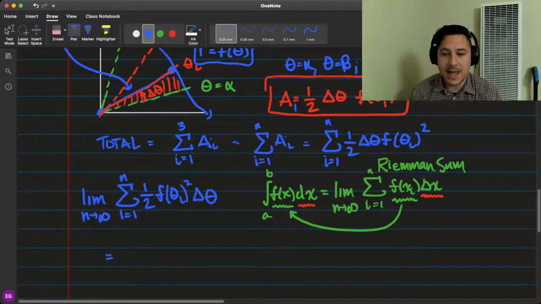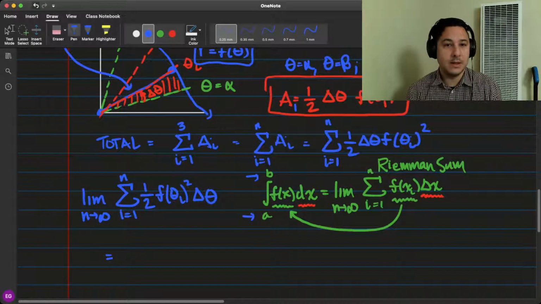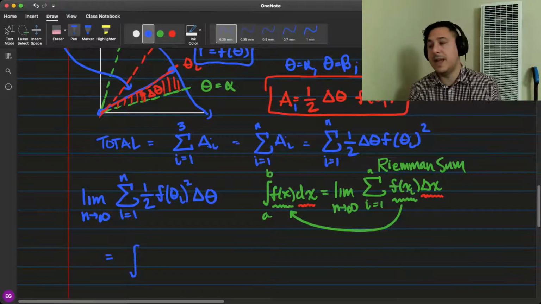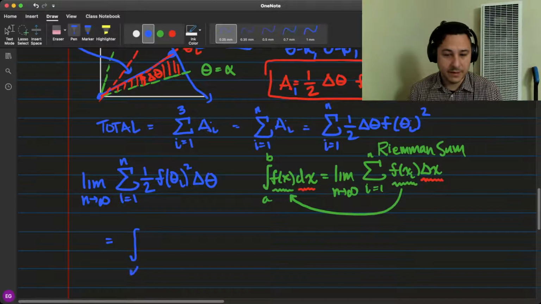Now, where did the a and the b come from in the definite integral? That came from x equals a and x equals b, right? So when this becomes a definite integral, what are my bounds of integration going to be? What's the equivalent of a and b for polar coordinates? Cool, yep. So I'm going to integrate from alpha to beta.